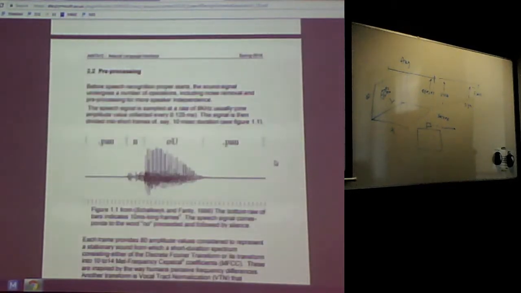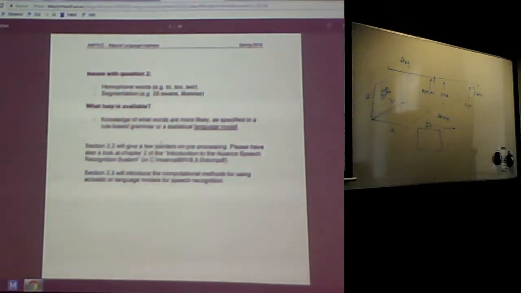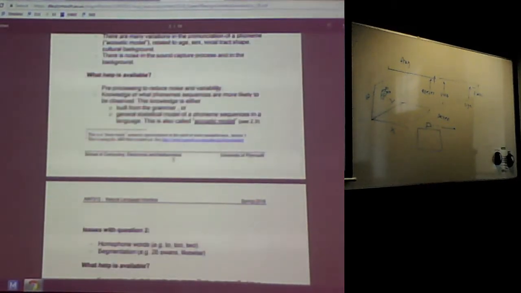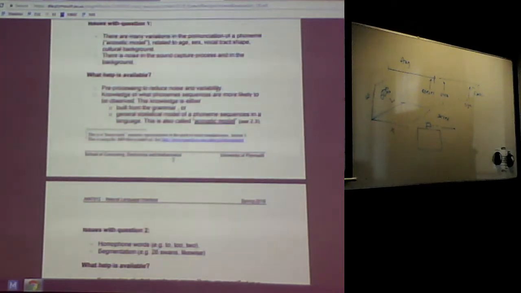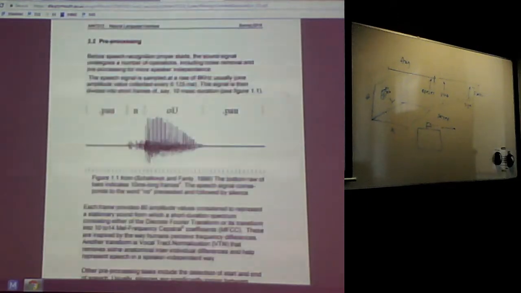So what about pre-processing? Now I'm going into more detail on various steps I described here.